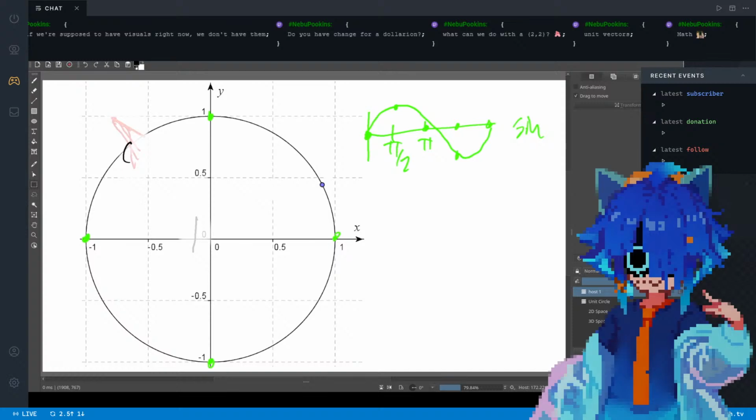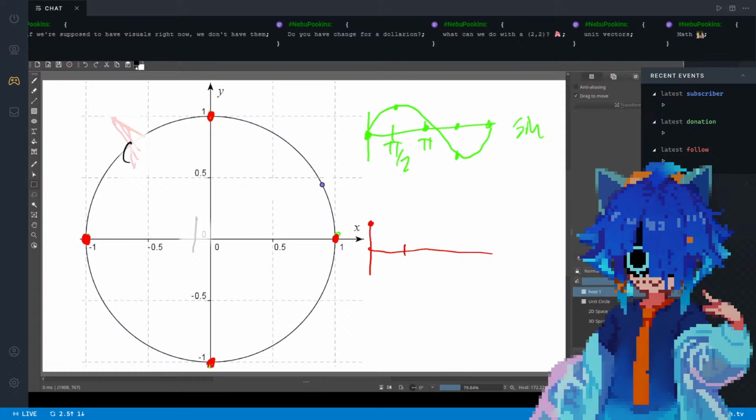Now, let's see what happens with cosine. Cosine is measuring the x. So here, x is 1. Then we go up to pi over 2, and x becomes 0. And then we go over to pi, and x becomes -1. And then we go over another pi over 2, and x becomes 0. And then we go back to 2 pi, and x becomes 1 again. So we get almost a mirror image, a little slide. So at 0, we're up at 1.